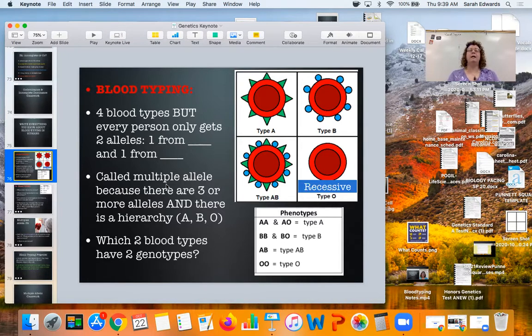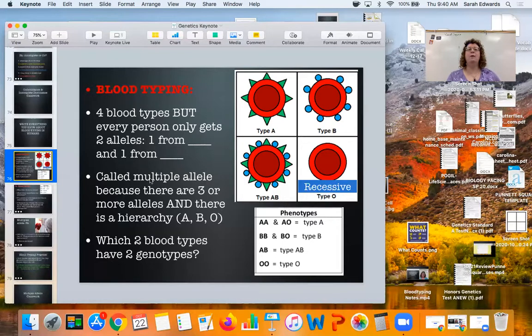This type of inheritance is called multiple allele because there's more than 2 alleles for blood typing. You have the A allele, the B allele, and the O allele. And these are actually labeled: the A allele is written as a letter A, the B allele is written as a letter B, and the O allele is written as a letter O.